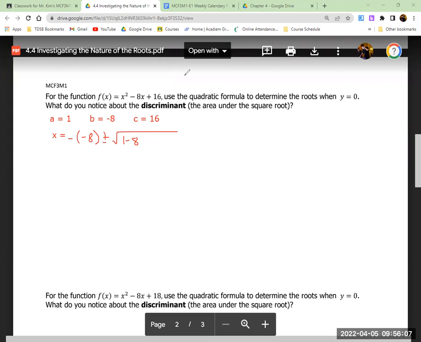You know what? I'm getting sick and tired of trying to use the mouse today. Negative b plus minus square root of b squared minus 4 times a times c, all over 2a.